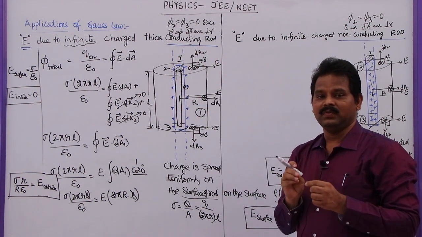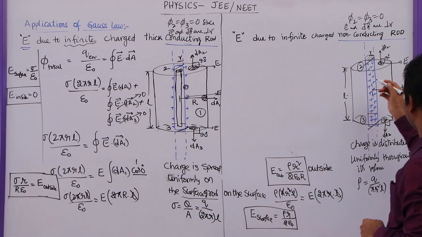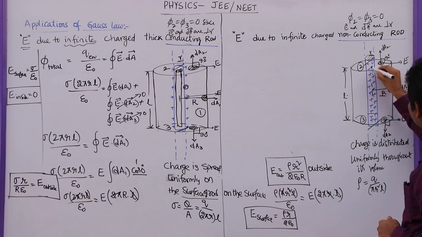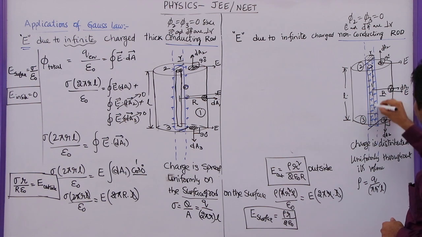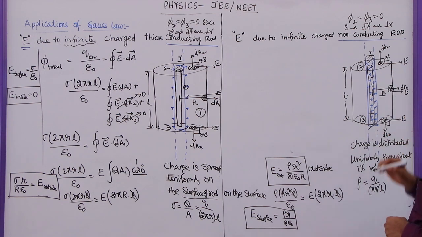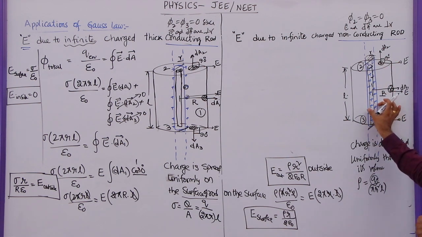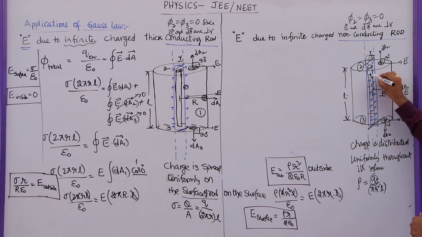The excess charge will reside only on the outer surface. Here, if I want to find out electric field somewhere here, now I need to construct a Gaussian surface like this. So within this rod, the charge is not equal to Q. This is the charge from this point to this point for this radius. But here the radius is different. Let me take it as r dash.